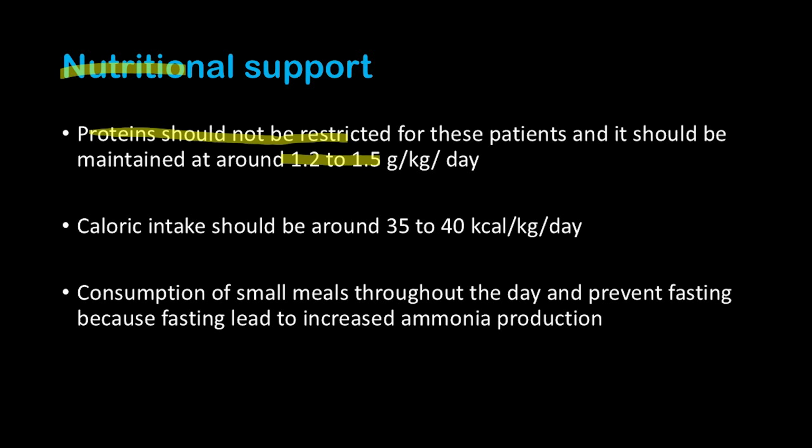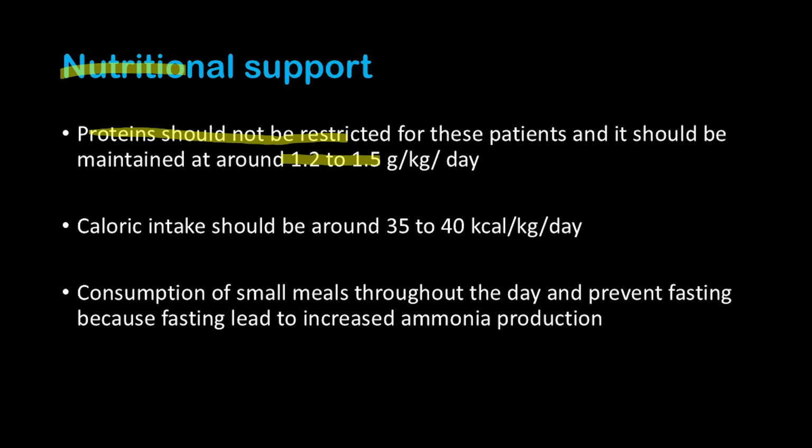But recent studies have concluded that proteins should not be restricted, and the logic behind that is the hepatic encephalopathy patient is malnourished, so they need different types of nutrients, especially proteins, to keep their body strong and able to fight the hepatic encephalopathy.